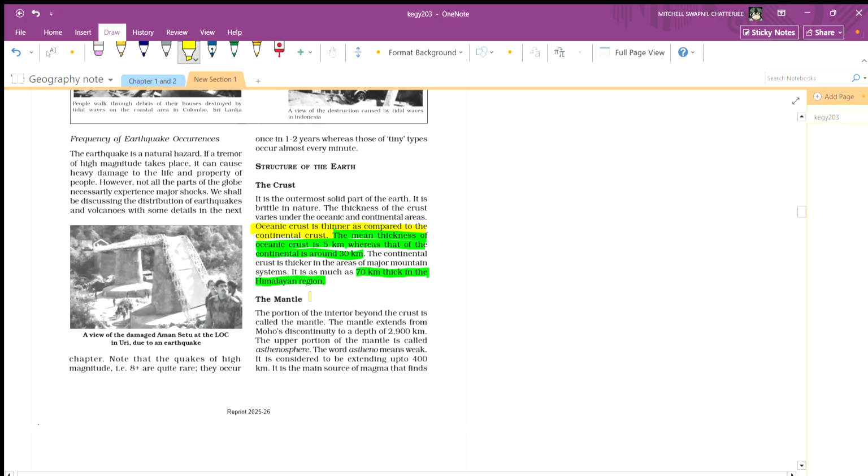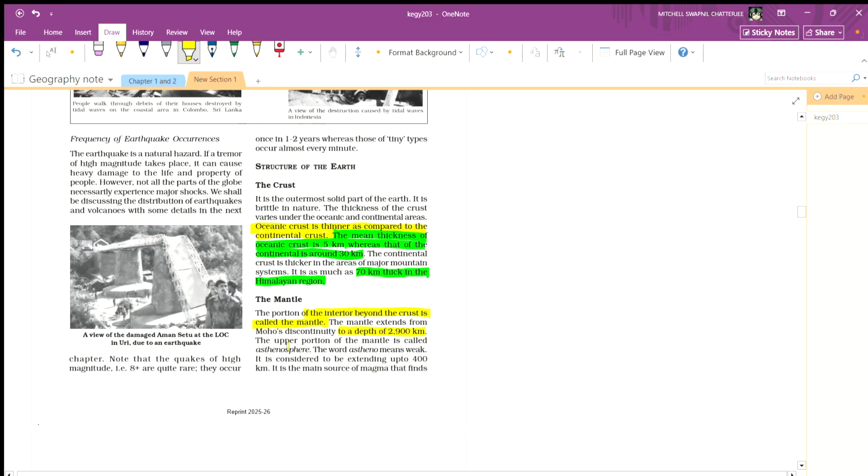Now the secondary layer, the one below the crust, is the mantle. The portion of the interior beyond the crust is called the mantle. The mantle extends from Moho's discontinuity to a depth of 2,900 kilometers.